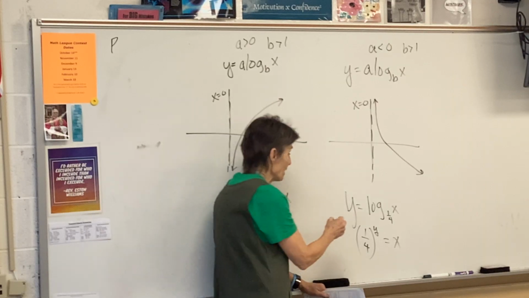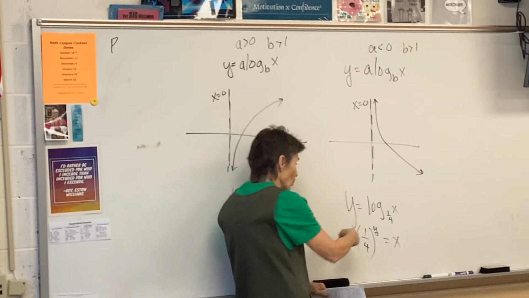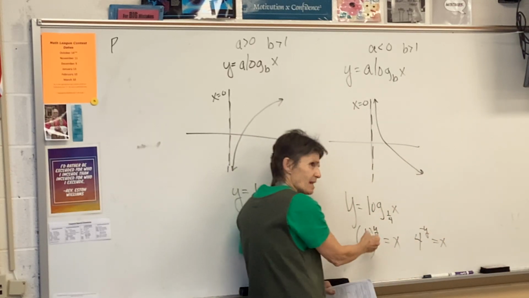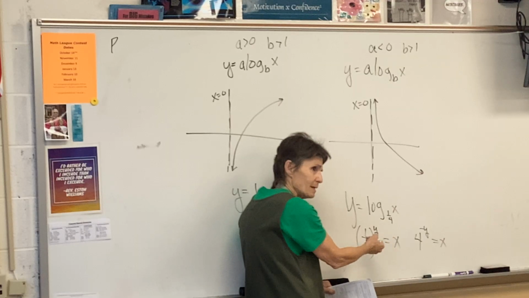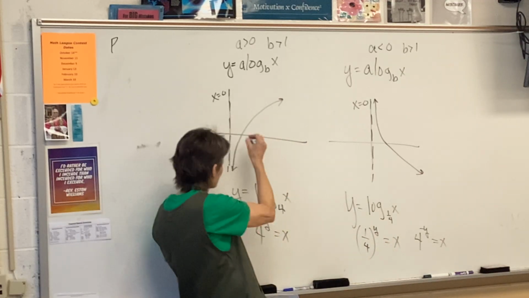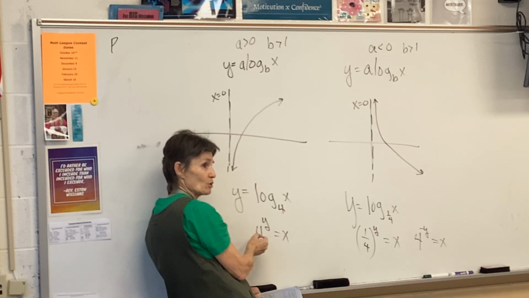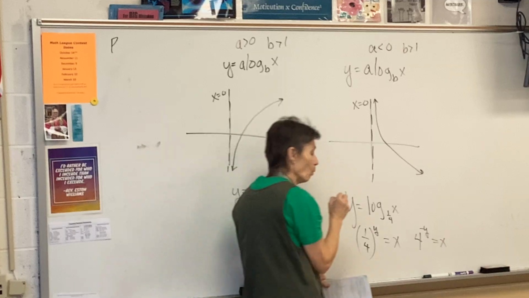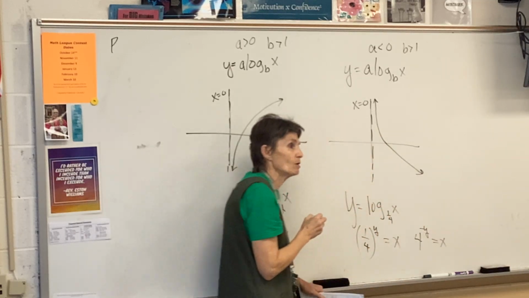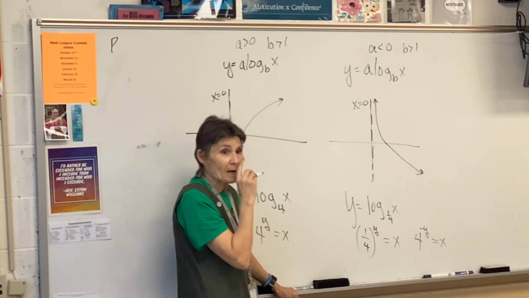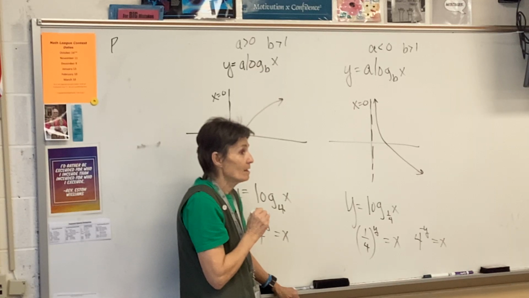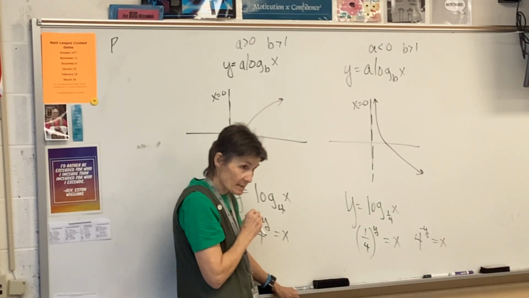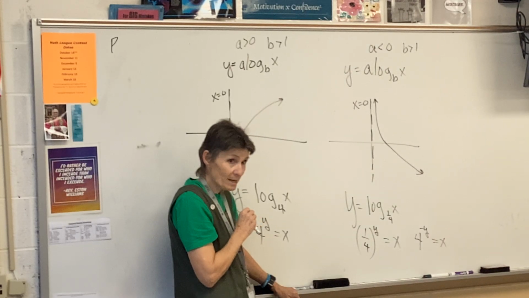right? And what do we know about 1/4? Wouldn't this be like 4 to the negative y equals x? Isn't that another way of writing that? So this picture is this equation. Everybody's in agreement. This picture, okay. Now what happens when we change the sign on y? When we change the sign on y, we reflect over the x-axis, right?